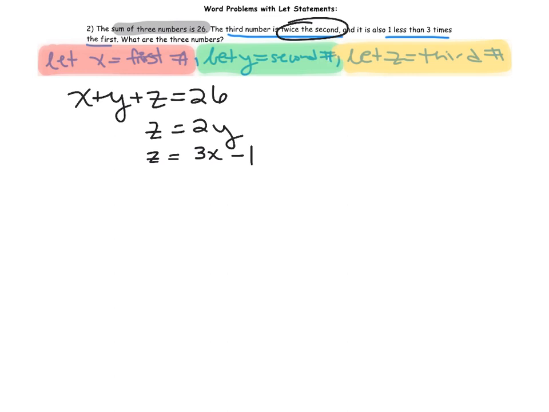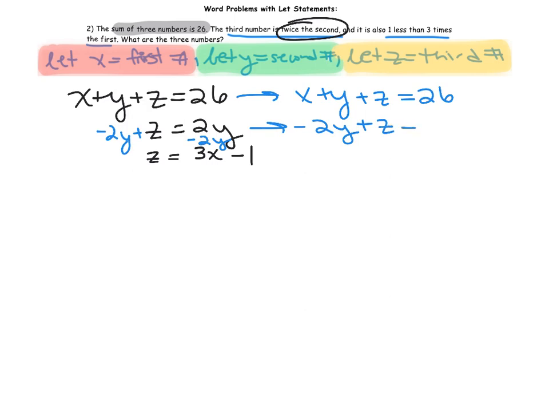Now I have to write this so that I can write my augmented matrix. So nothing changes here. This is my x plus y plus z equals 26. I need to subtract over my 2y. So I'll have negative 2y plus z equals 0. There's no x. If I subtract over my 3x, I'll have negative 3x plus z equals negative 1.